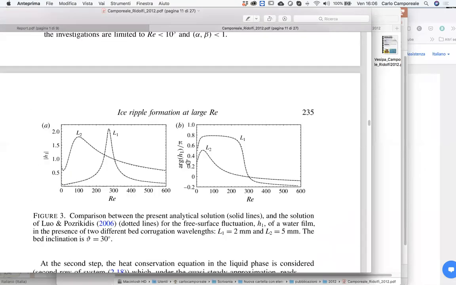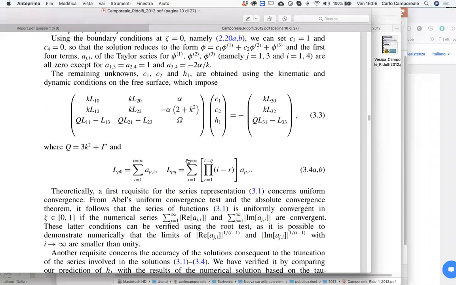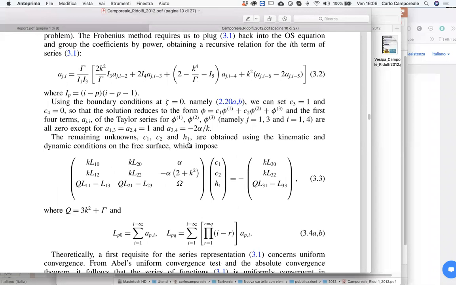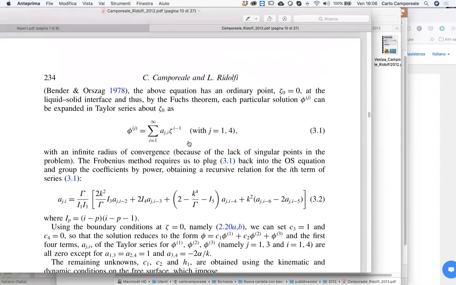In the Sommerfeld problem, I use matrix notation, so it's not so easy to understand. But there is the time derivative in the Sommerfeld equation, in the kinematic equation, and also in the dynamic equation. So it's the full problem, which can be resolved just numerically.